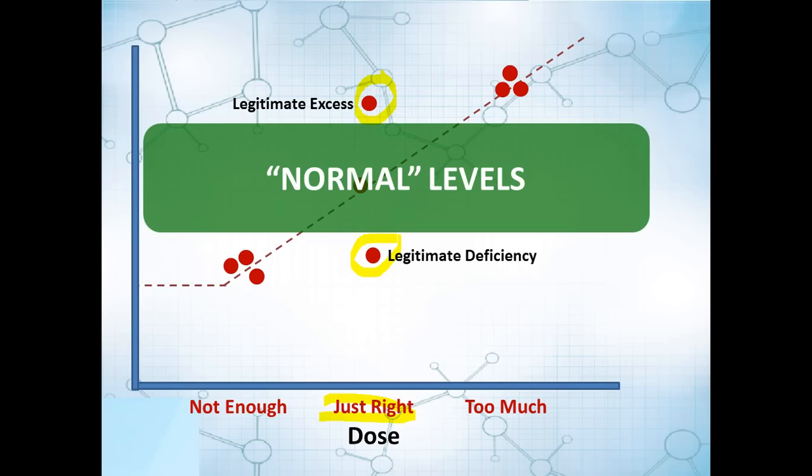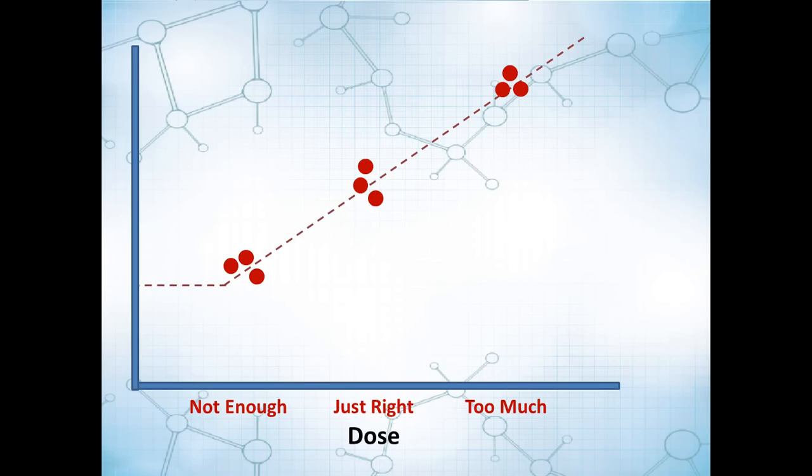The problem with that is in some situations you have what we like to call testing minions wreaking havoc on your ability to monitor systemic levels of hormones. You may get an elevation that's not due to a legitimate excess of hormone, but to something that's giving the appearance of an excess that's not actually real.